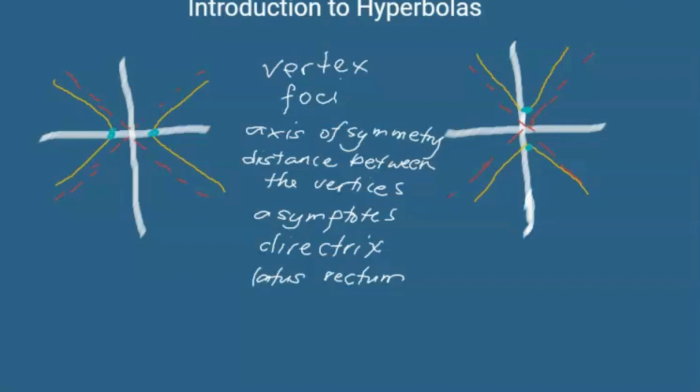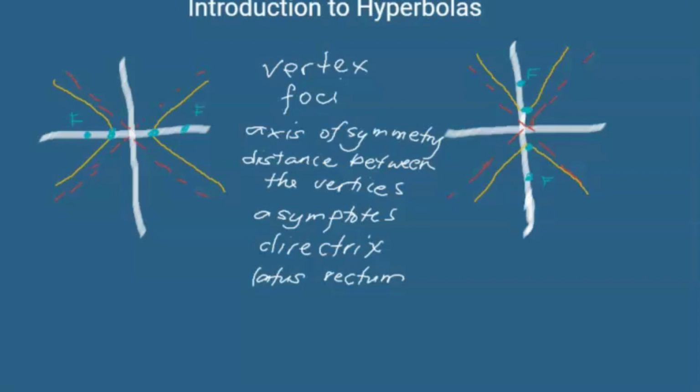Then a hyperbola has two foci, just like a parabola, which we can find inside the curve. So this is one focus and this is the other focus. Same thing here. That's the first focus and this is the second one.